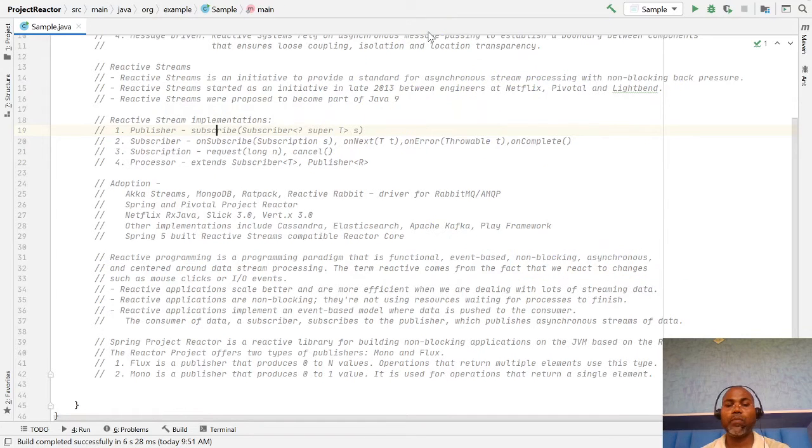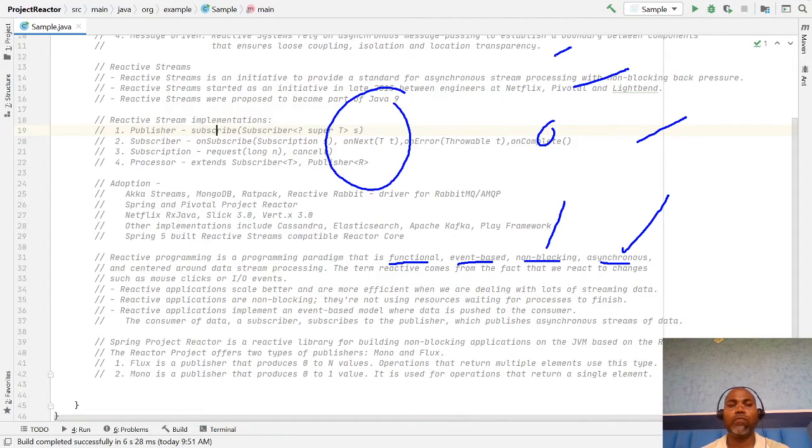Reactive programming says we have to be functional, event-based, non-blocking, and asynchronous. Asynchronous is just the multi-threading concept, meaning your task is done by different threads. Non-blocking means if one thread does something, let's say invokes some IO operation or a DB call, this thread cannot wait for the response. Instead, it continues working on its task.